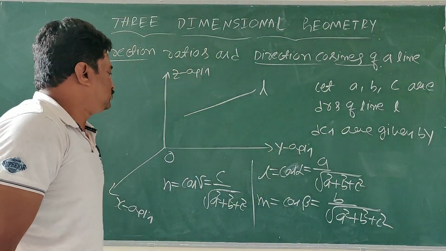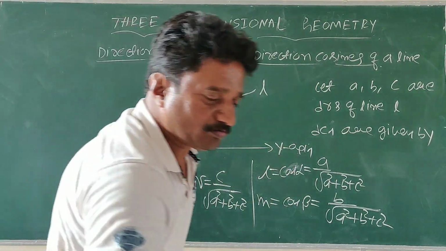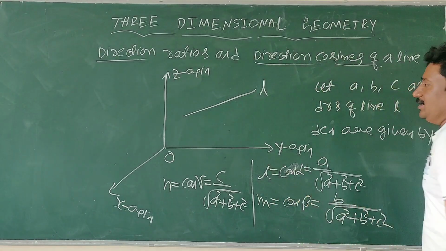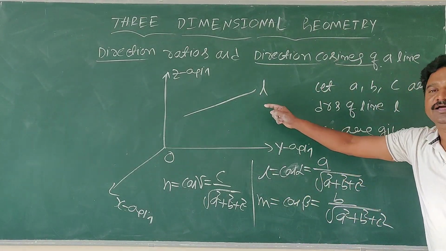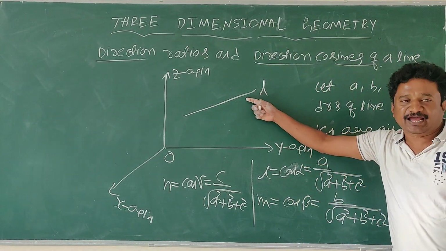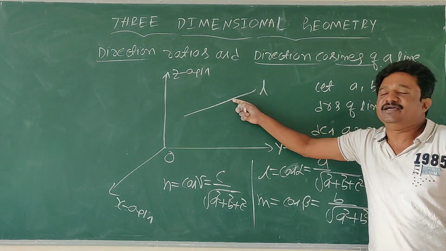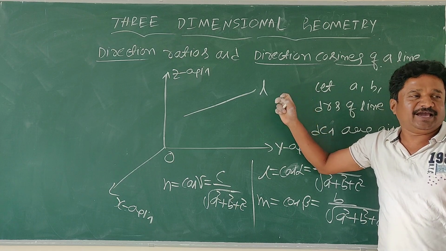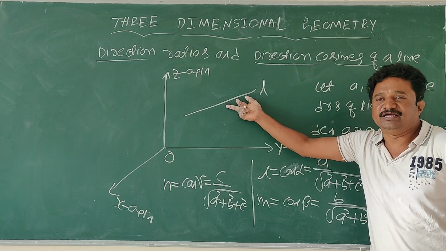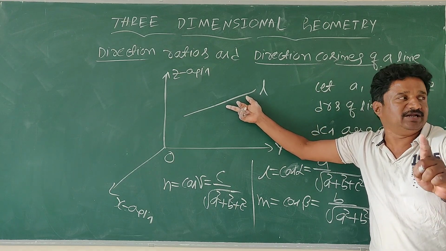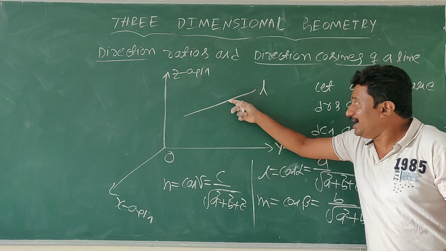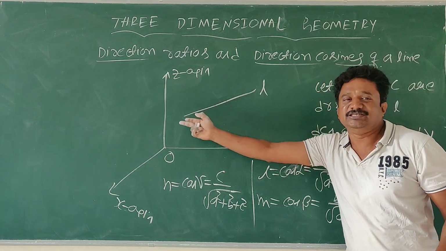You observe this, students, the difference between vector and line. If I take line, I can think of this line in two directions. Since line is having no direction, I can take the line either in this direction or in this direction.